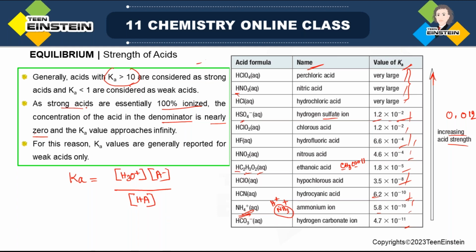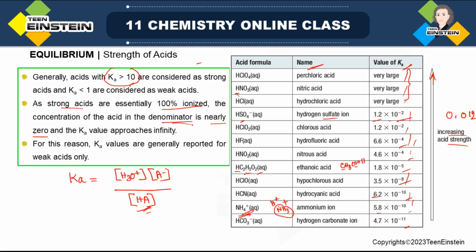So when it is a strong acid, as it is 100% ionized, that means initially you started with undissociated HA, but if all the molecules are in dissociated form, obviously the concentration of HA is actually 0. So the denominator is 0.